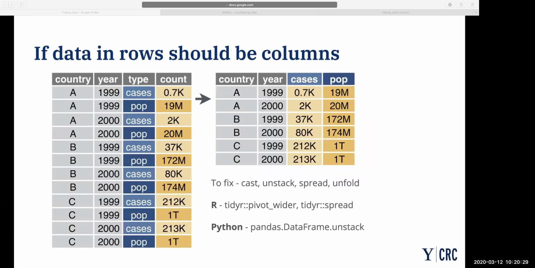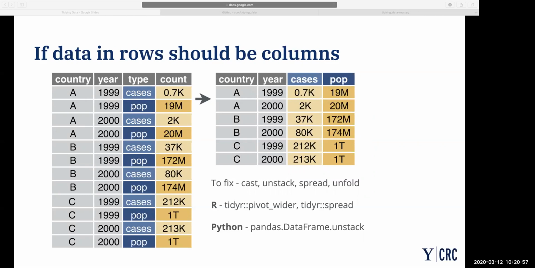And finally, occasionally you'll see data where maybe you need things that are in rows to be variables. So in this case, there's a column called type where I think maybe actually what should be happening is I have two variables there, cases and population, that should be columns instead.